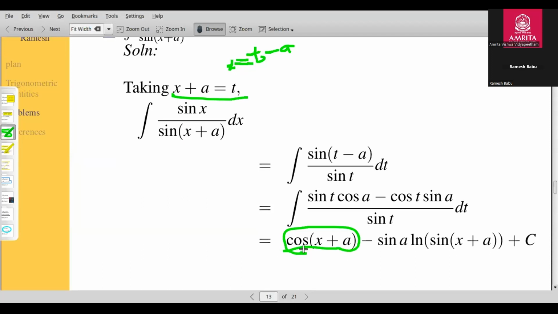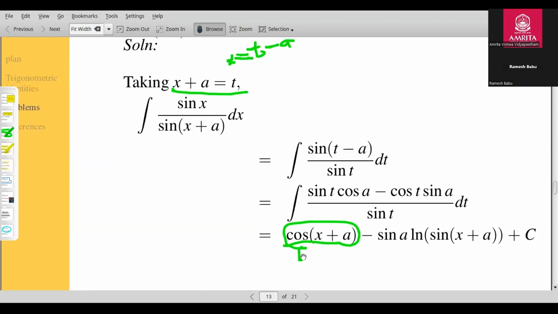This is t times cos a, since integration of dt is t. So t is equal to x plus a. Therefore, cos a into x plus a.